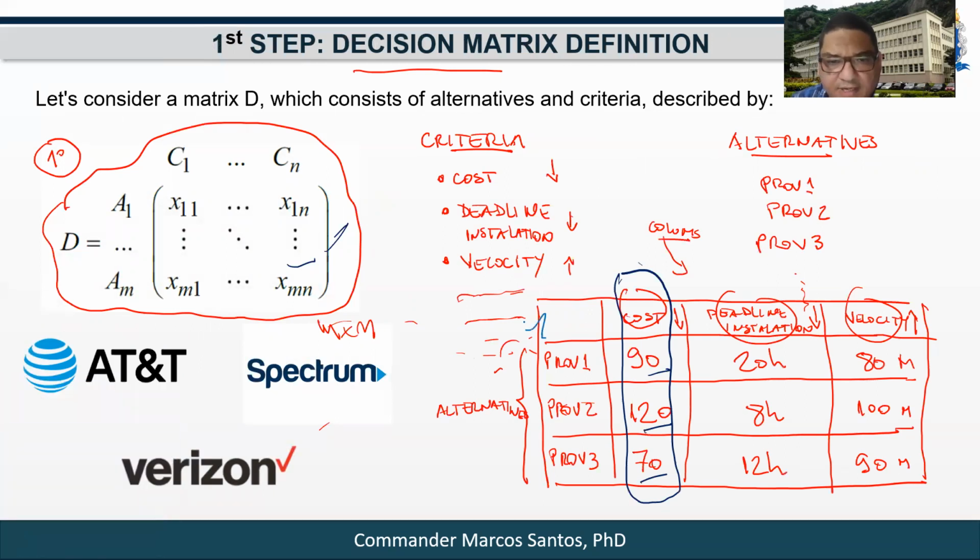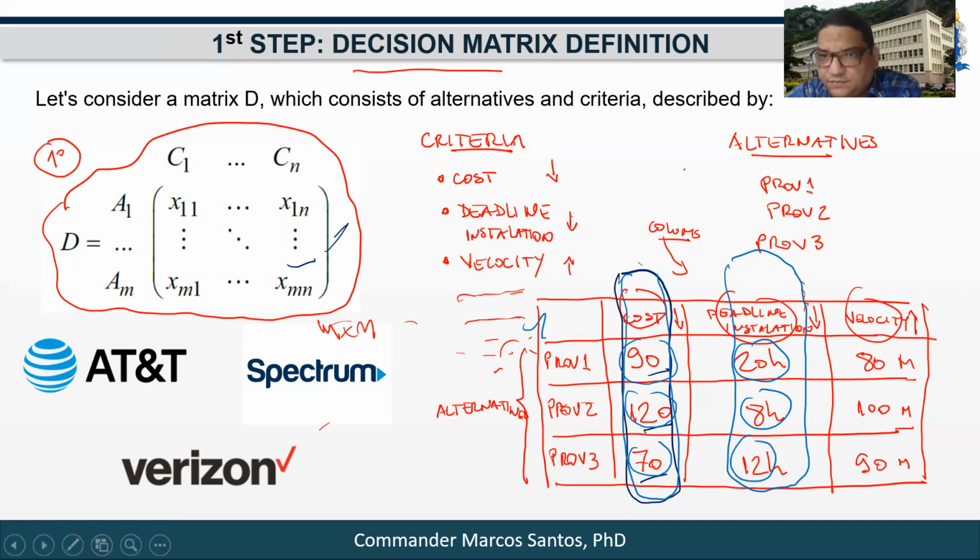First, I calculated the square root of 90 squared plus 120 squared plus 70 squared. Now, the vector norm of deadline installation will be the square root of 20 squared plus 8 squared plus 12 squared.